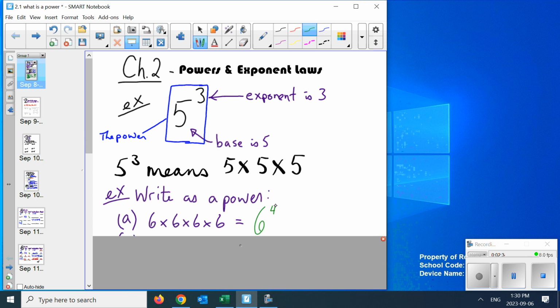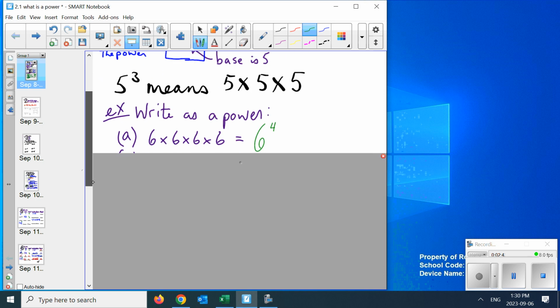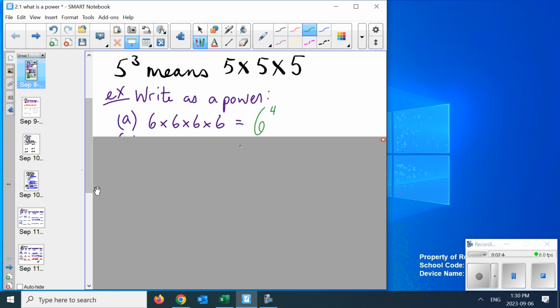You can see why this is to your advantage if you have a really long list of 6s. If you had 17 of them, I would not even want to. You can see the connection? Very simple way to start.